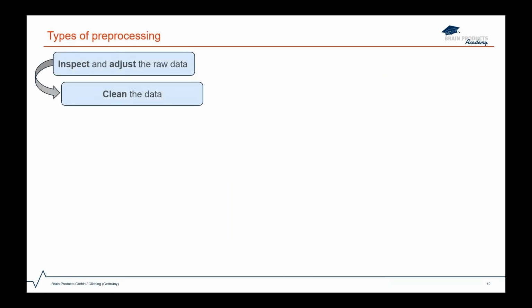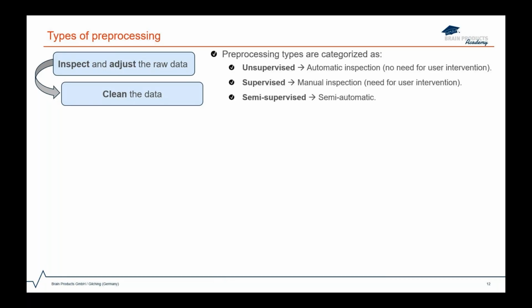In inspecting and adjusting the data and cleaning the data, these procedures can be applied in a supervised, unsupervised, or semi-supervised manner, with the unsupervised being the computer realizing some processing without any user intervention and generating some outputs.